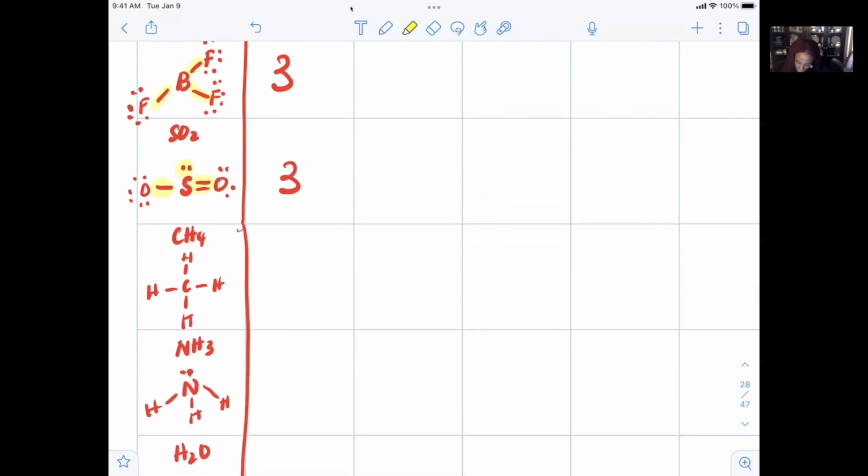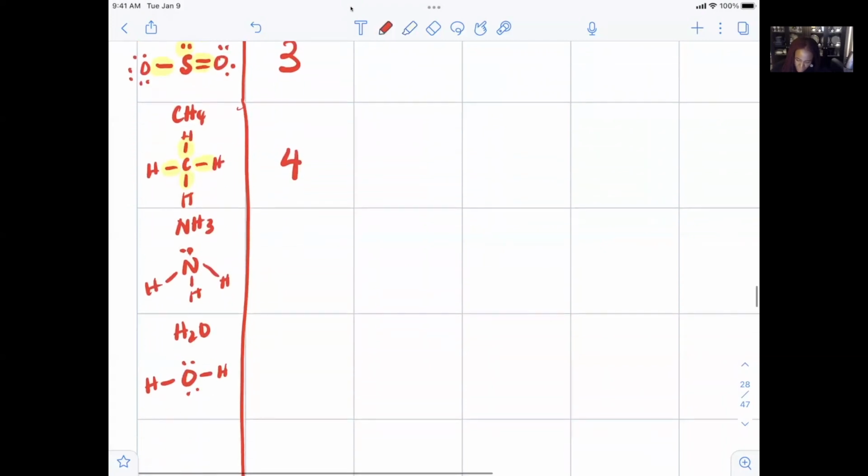Okay, over here I have 1, 2, 3, 4 electron groups, right? It just says total, it doesn't say separate the bonding from the non-bonding ones, just total, 4 electron groups. And here I have 1, 2, 3, 4. These are 4 electron groups.